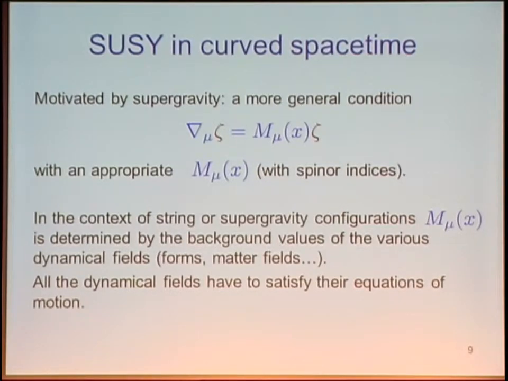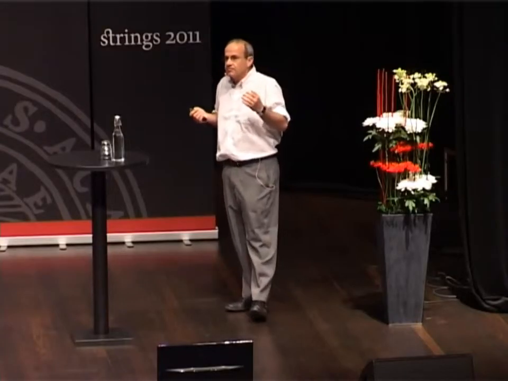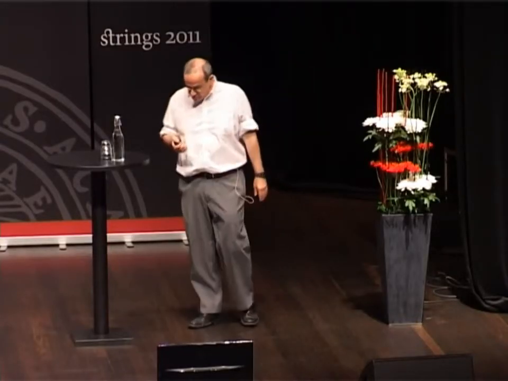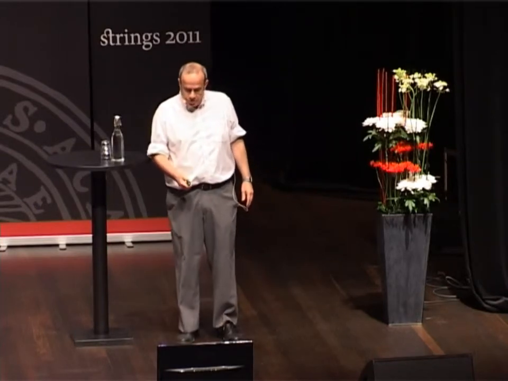There could also be various matter fields, gauge fields, and so forth. So this is the most general expression, which is motivated by string theory or supergravity. And I would like to emphasize a point whose importance will become clear in a moment: when we do this analysis in supergravity, we make sure that all the background fields satisfy their equations of motion. Okay, so that's what people have been doing.